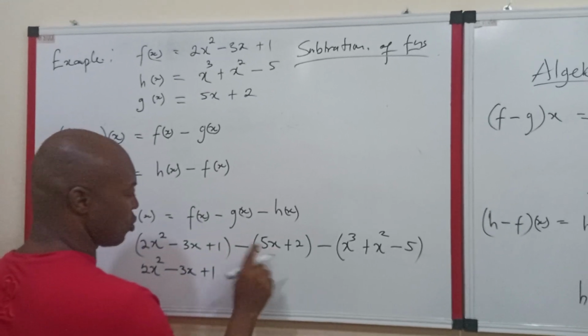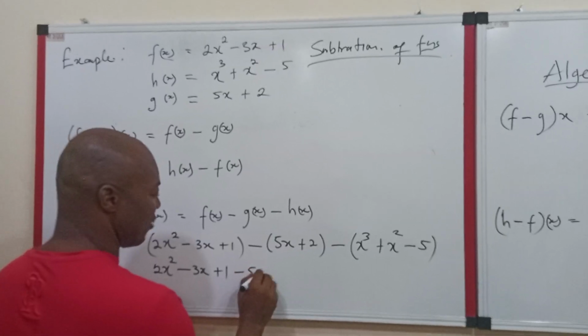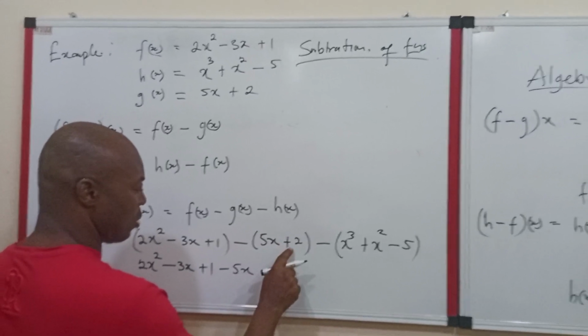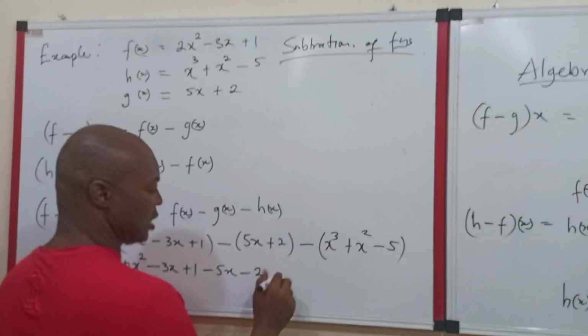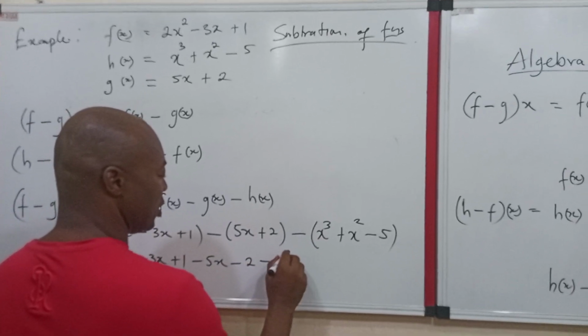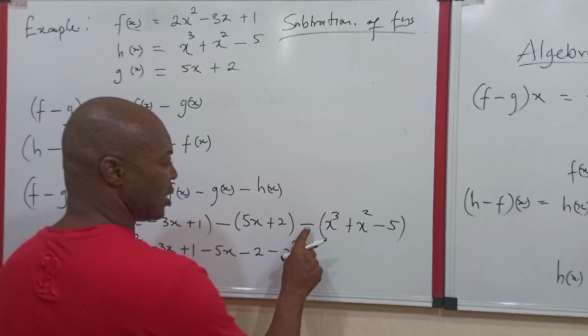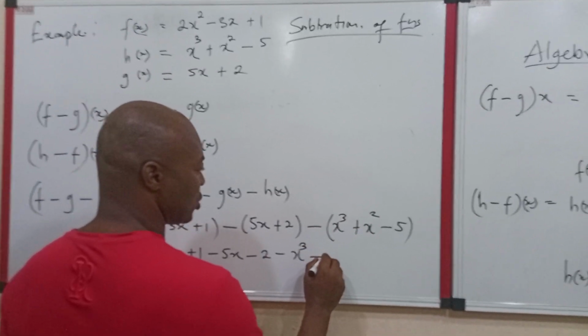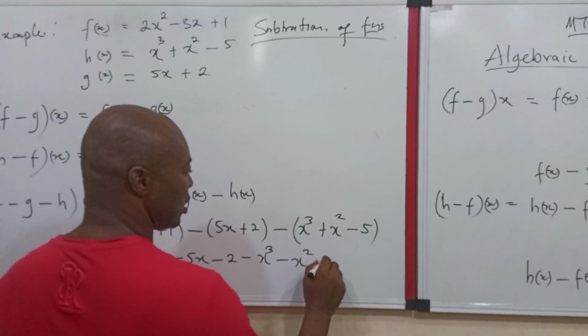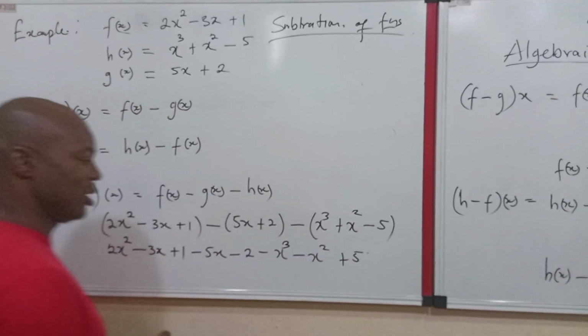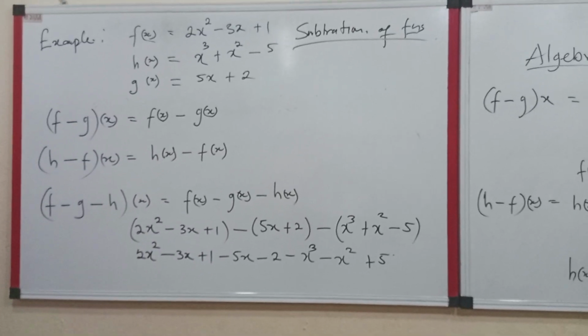Then allow this one to come in so that we have minus 5x. If this one comes here, it will be minus 2. If this comes here, it will be minus x raised to the power 3. This comes here, it will be minus x raised to the power 2. This one comes here, it will be plus 5. That's what we have.